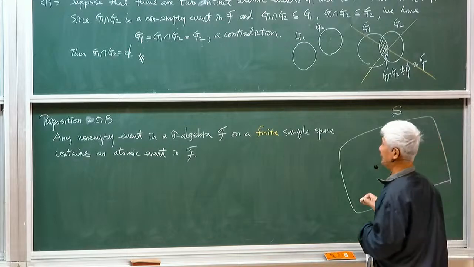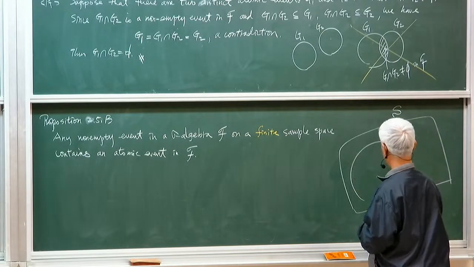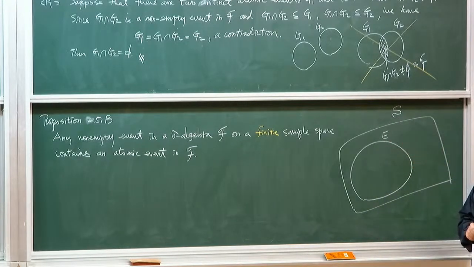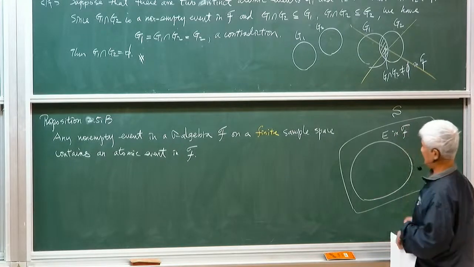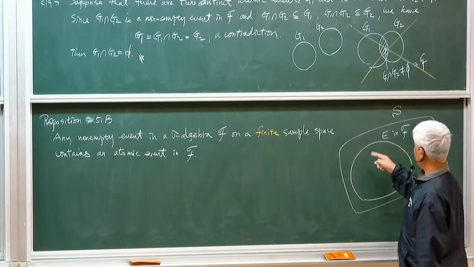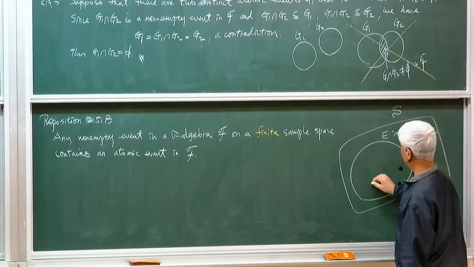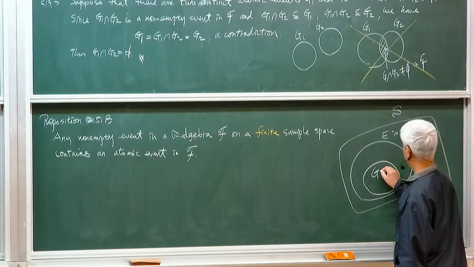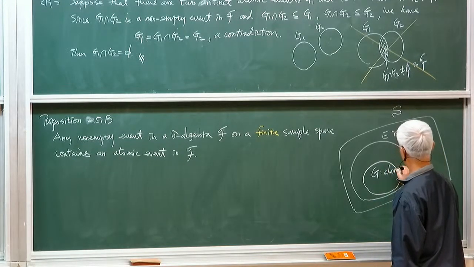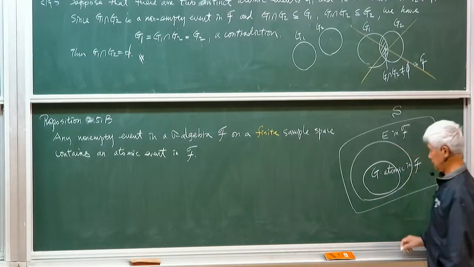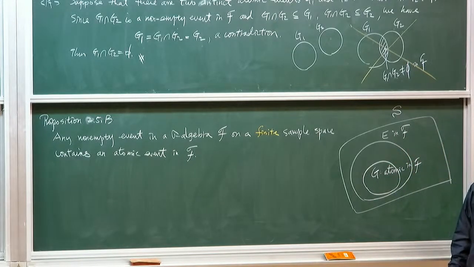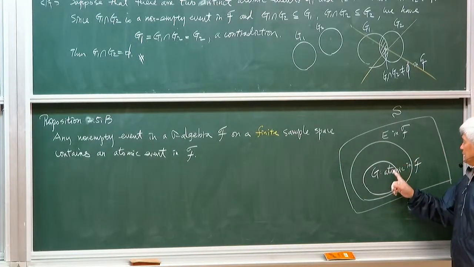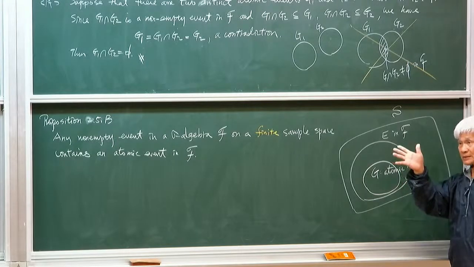Right, and we take an arbitrary event here in the sigma algebra F. Then this event will contain an atomic event, which is atomic in F. It is important to know it is atomic with respect to some specific sigma algebra.